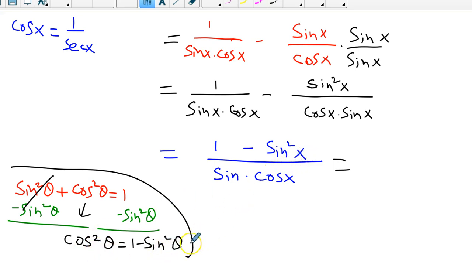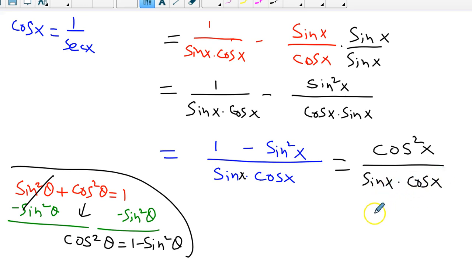Just instead of theta, I have x there. 1 minus sine square x is equal to cosine square x. So I'll write it here, cosine square x, and in the denominator, I forgot x here, I have sine x times cosine x. Are we done with the simplification?